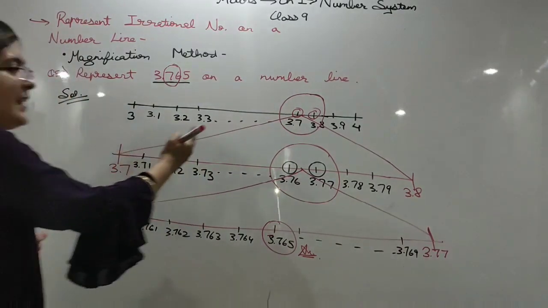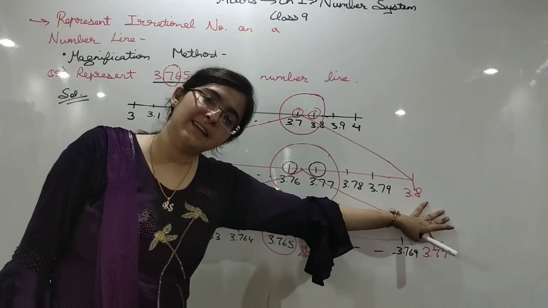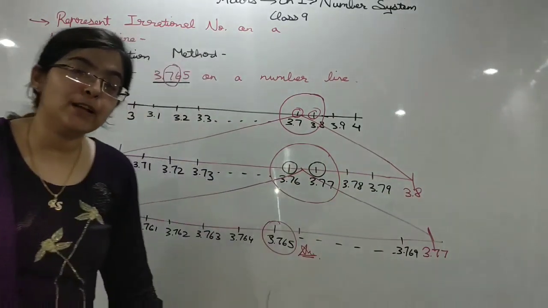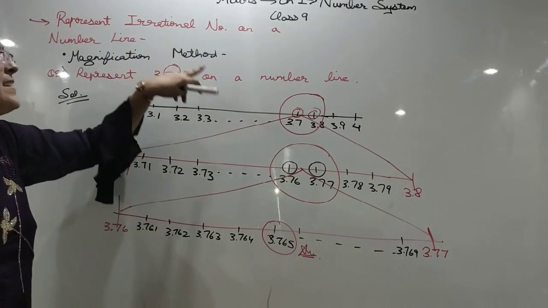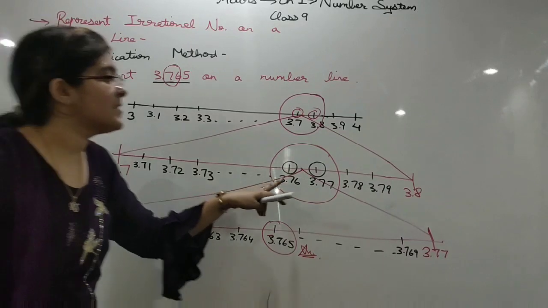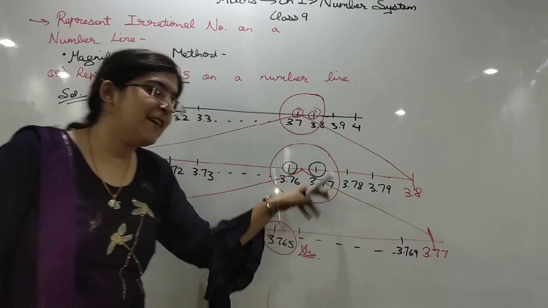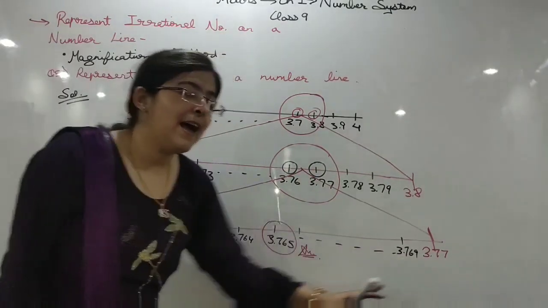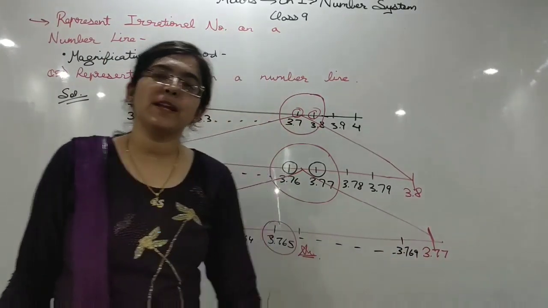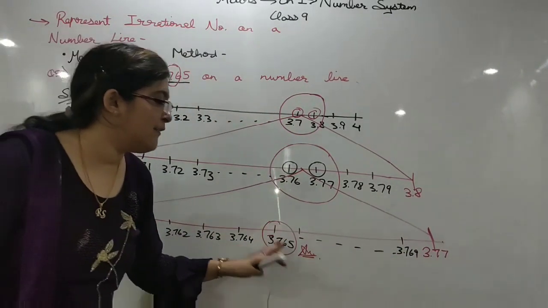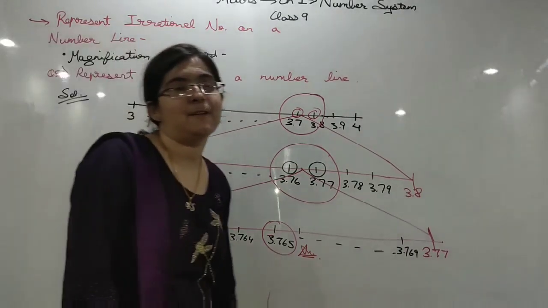So we will magnify it and write 3.7 here and 3.8 here. Now we will see one more digit, 3.765. That means it will lie between 3.76 and 3.77. We will magnify it again and write the numbers in between 3.76 and 3.77, and finally we will get 3.765. This is our answer.